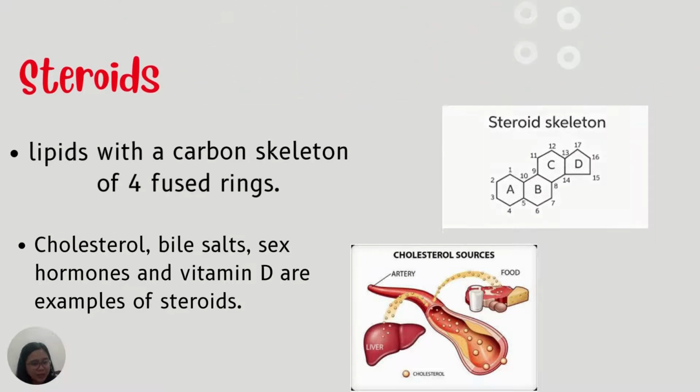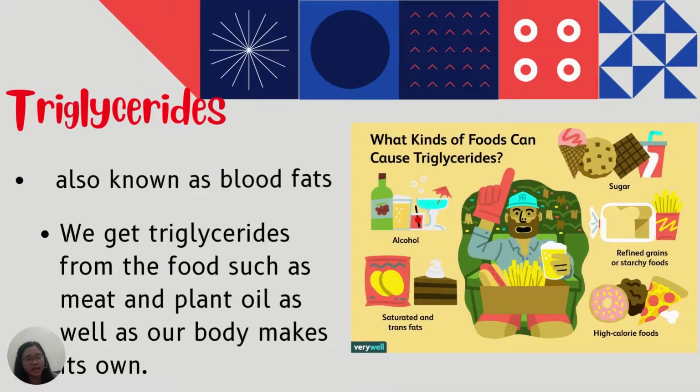Okay? And then, last, we have the triglycerides, also known as the blood fats. It circulates in our bloodstream along with cholesterol. We get triglycerides from food such as meat and plant oil, as well as our body makes its own.